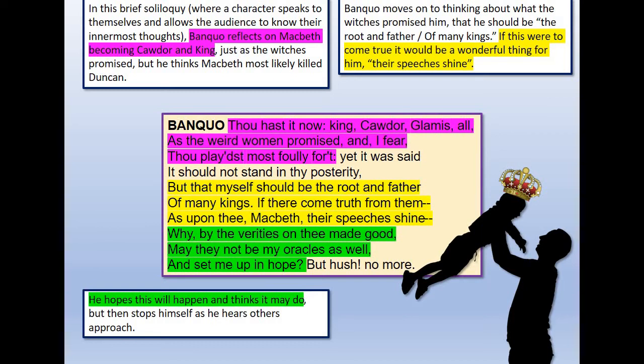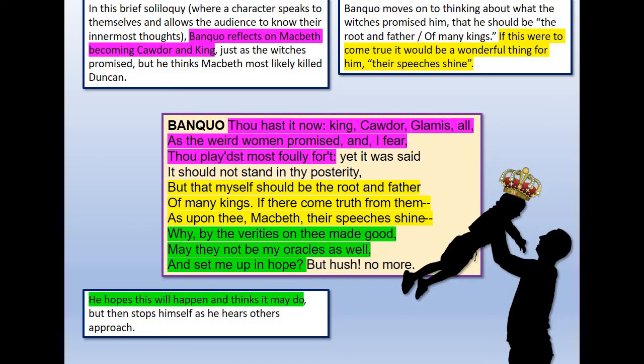His lineage will have power and success, and that was incredibly important and significant within Elizabethan and Jacobean society. The line that you leave, the representation of your gene pool going on, your name being part of history. And he says, "their speeches shine."